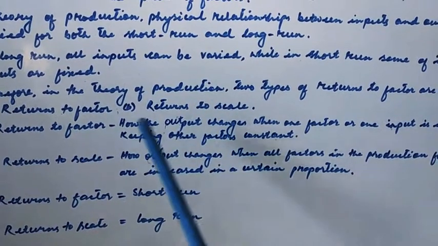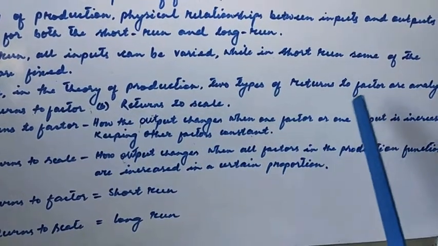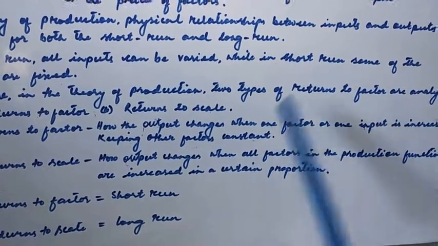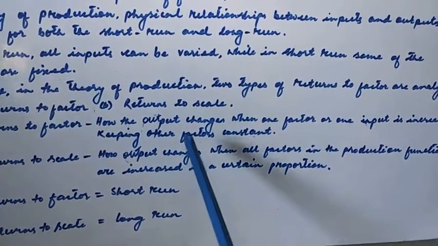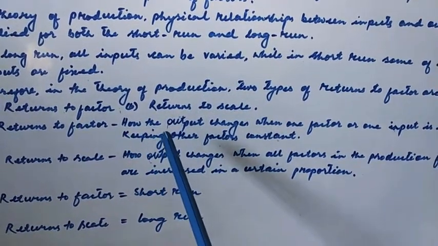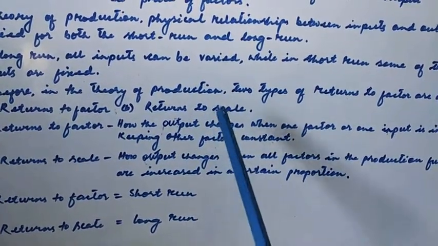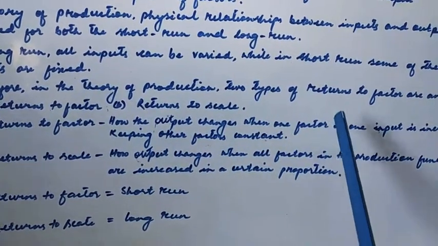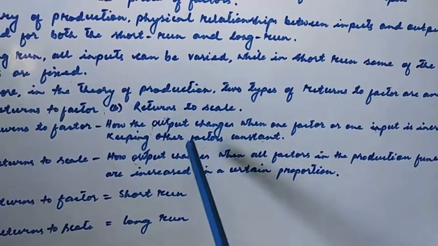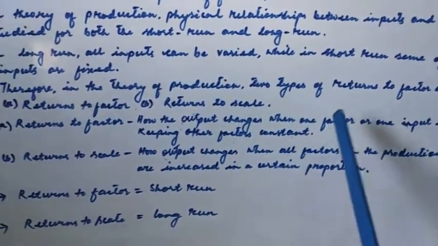In the short run, we cannot change everything, we cannot change all the inputs. So only some inputs are increased or changed, and other inputs are kept constant.